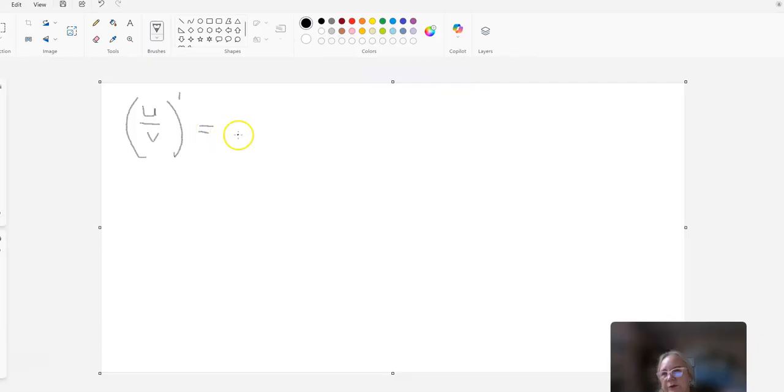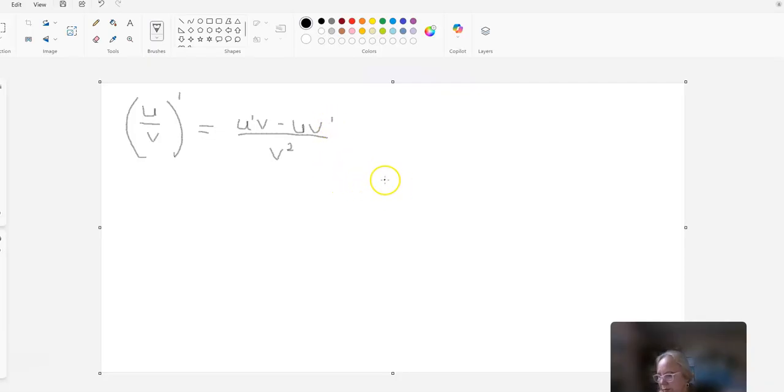The rule is: square the denominator, and in the numerator you will have u prime v minus u v prime. Very simple and easy to understand.